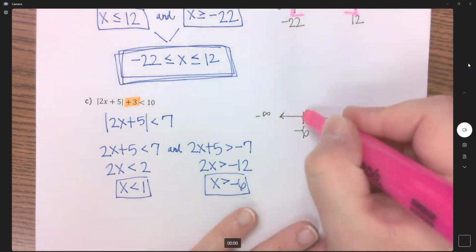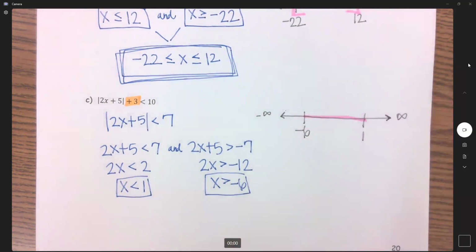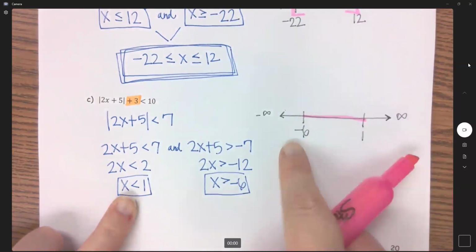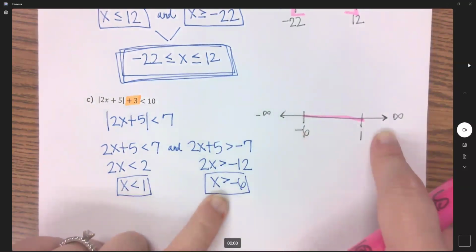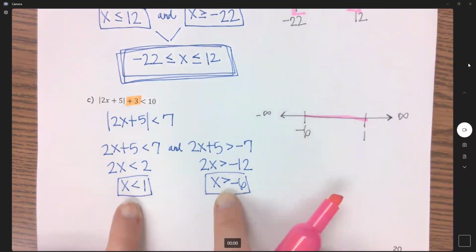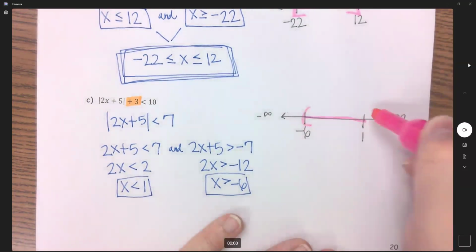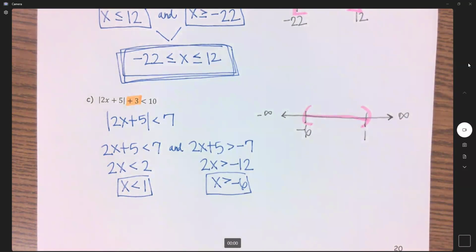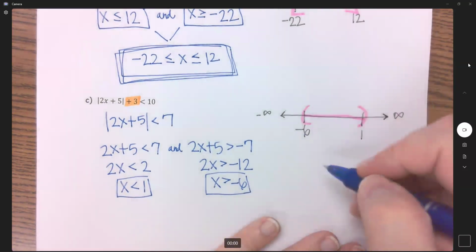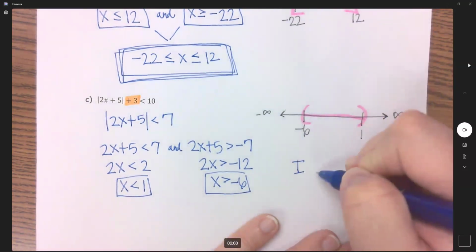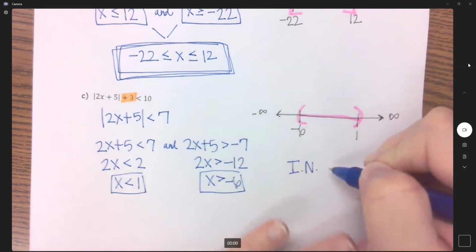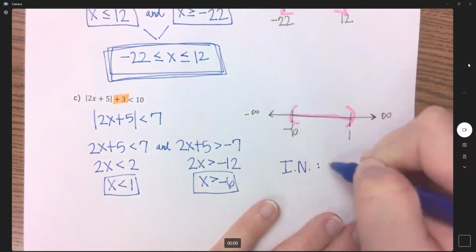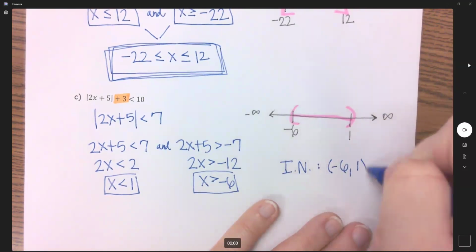So we are talking about everything in between here, right? Numbers that are less than 1, numbers that are greater than negative 6. They both don't have that bar underneath, so these will both get parentheses. So in interval notation, this is negative 6 to 1.